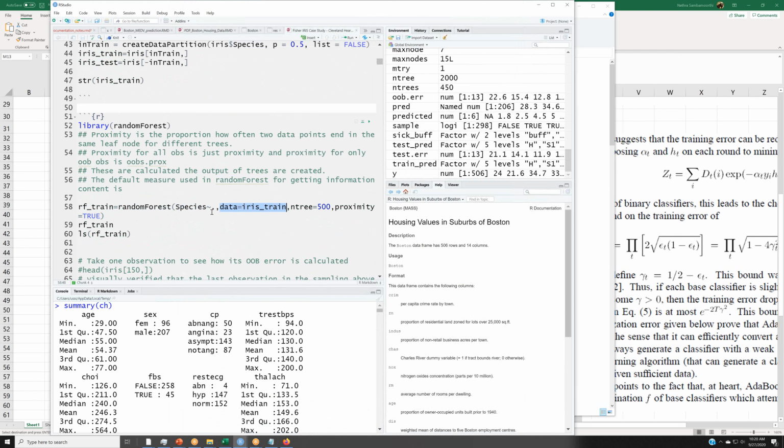And then species as a function of all the 4 attributes, okay? The number of trees I want to build is 500. I'm going to use the proximity measure also as output for us, okay? That tells you how often 2 observations are together in the same leaf. That is an indication of how close they are in terms of prediction. Remember, it's not in terms of their distance, but in terms of the prediction.